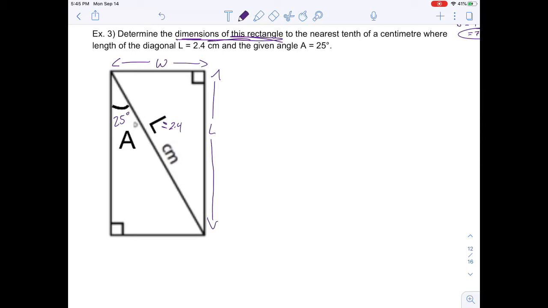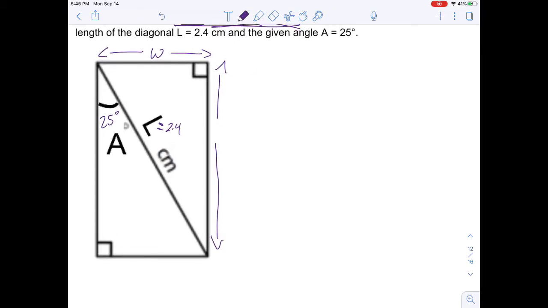Recognize they gave us this diagonal, which is what L is, so maybe we shouldn't have used L. Sometimes you have to practice and make sure you're putting the right variables. So I'm going to make this height, H. The reason I'm not using L is because L was already taken. So you have the power to decide what to notate certain things.